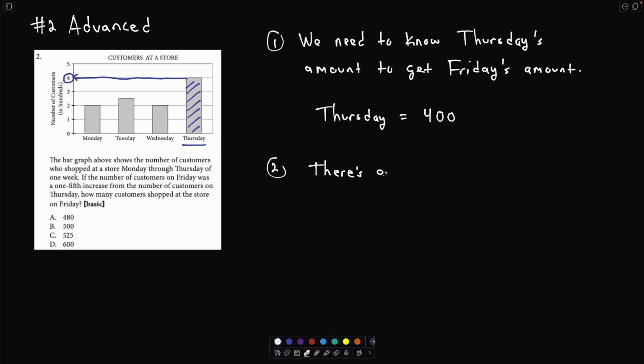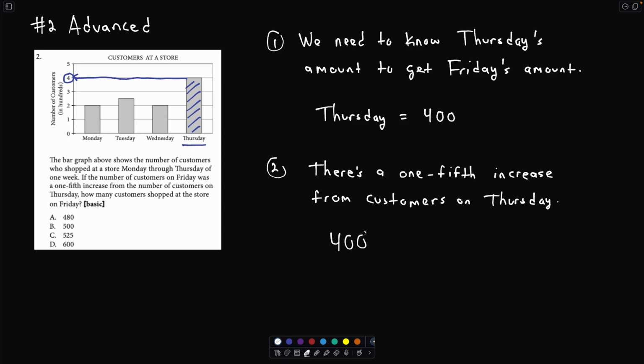The next thing we need to know is there is a 1/5 increase from customers on Thursday. So if the customers on Thursday is equal to 400, I could say, well, a 1/5 increase is going to be multiplied by 1/5. So a 1/5 increase means I multiply 400 by 1/5. Then I could apply my rule for fractions here.